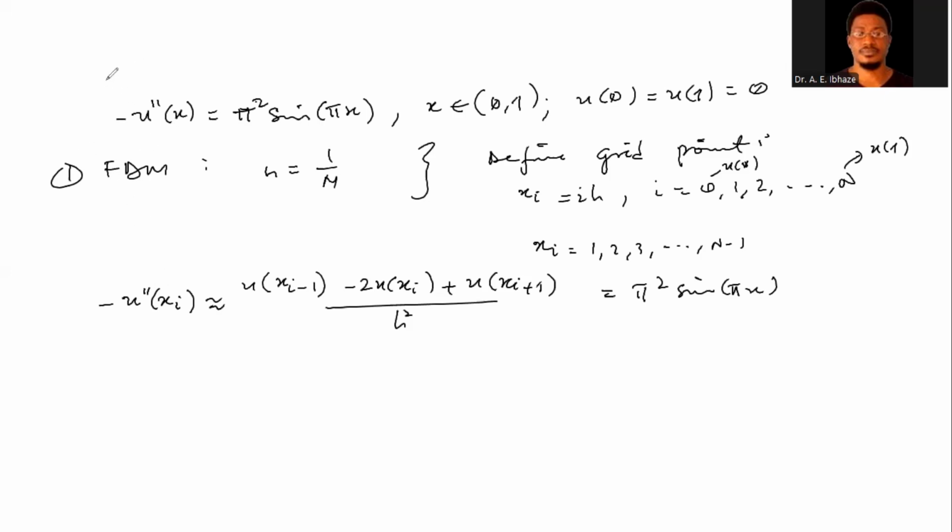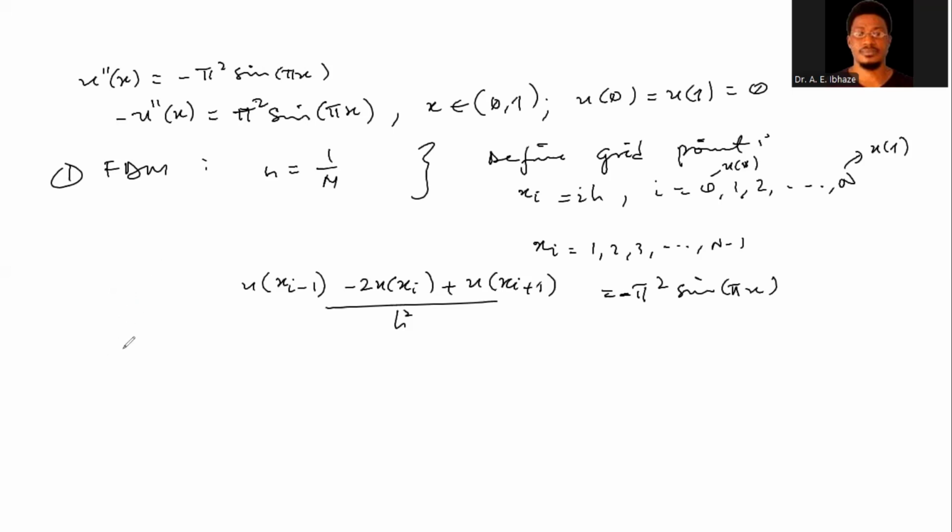Therefore, by convention, u double prime of x is the same as negative pi squared sine pi x. So this expression will now be the same as negative pi squared sine pi x.